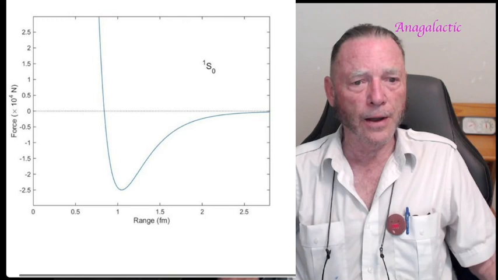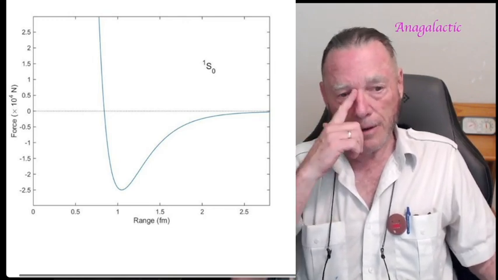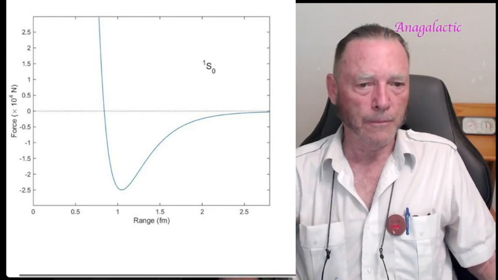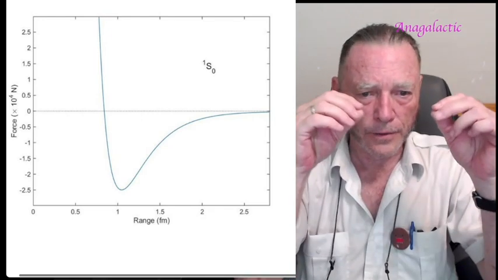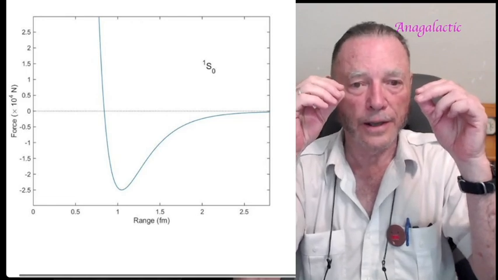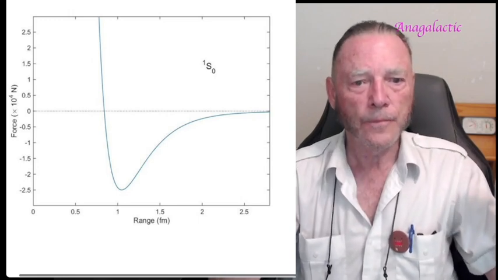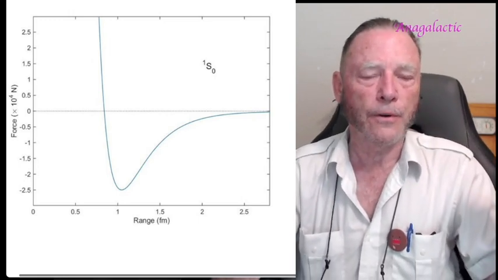Think of the proton as having a velocity, and it's coming in on the straight line. The relationship between the two protons is linear. And that's the horizontal line, the linear spatial separation.